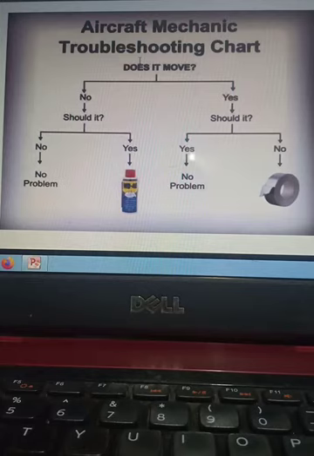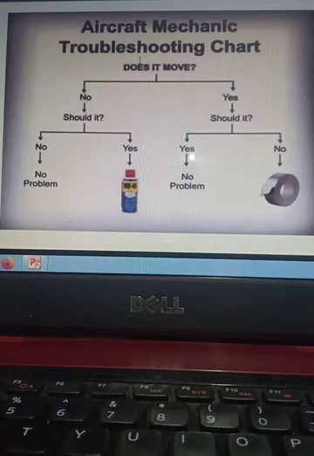On the left side, if the system does it move, if no, there's no problem. If yes, you need a WD-40. Maybe it needs a lubricant or a corrosion resistant in order for the system to work.